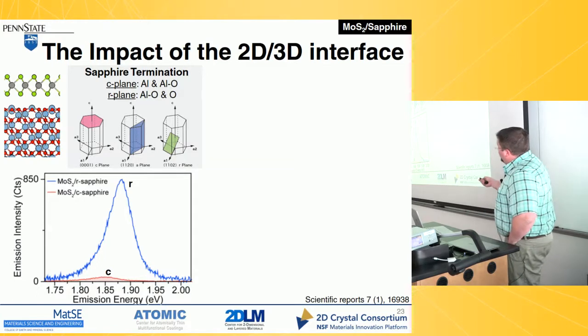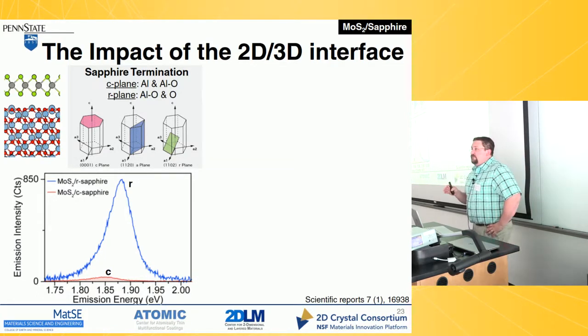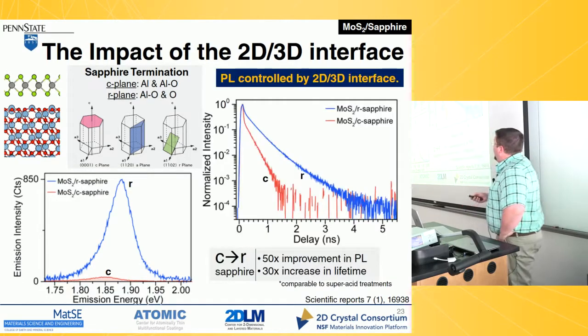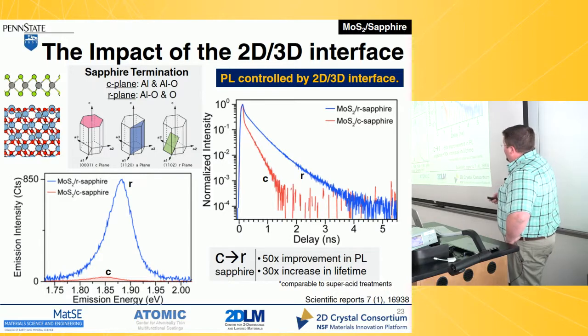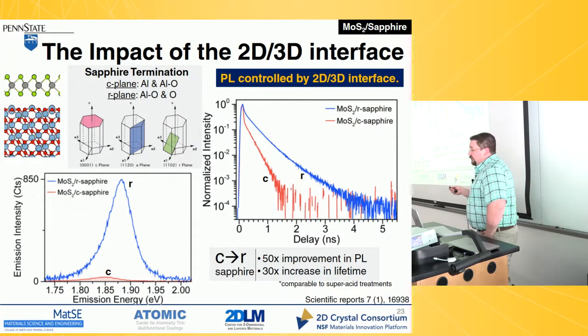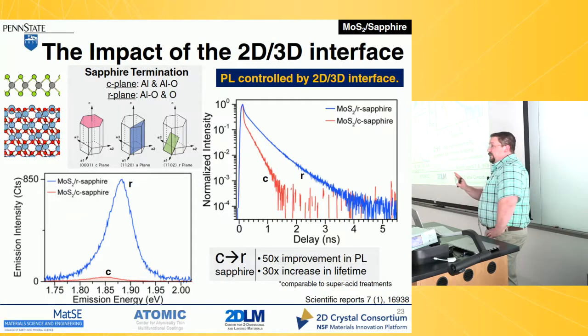What we find is the R-plane sapphire has anywhere between a 50 to 100x improvement in the photoluminescence intensity. In addition, there's about a 30x increase in the lifetime of these materials. And this is now on the order of what the claims are for the near unity, superacid treatment, et cetera. But we did nothing other than change the substrate to grow on.